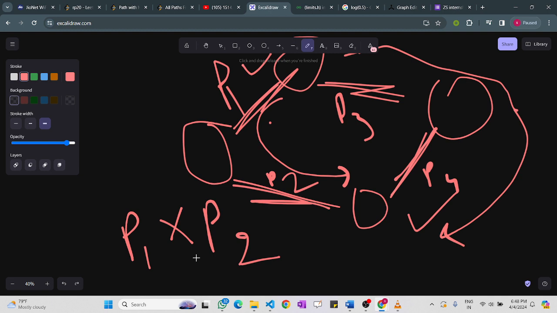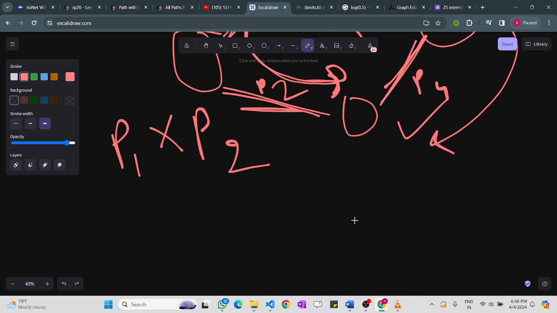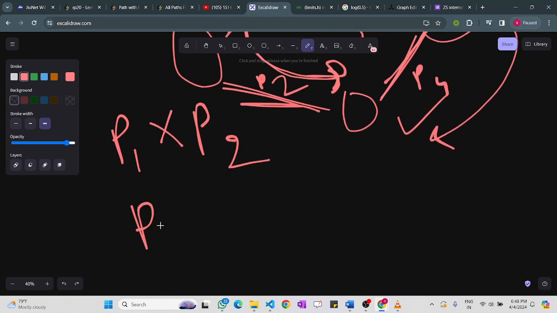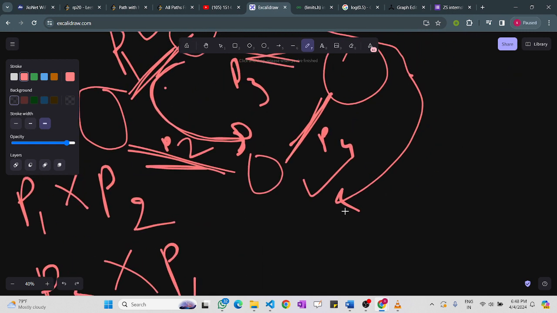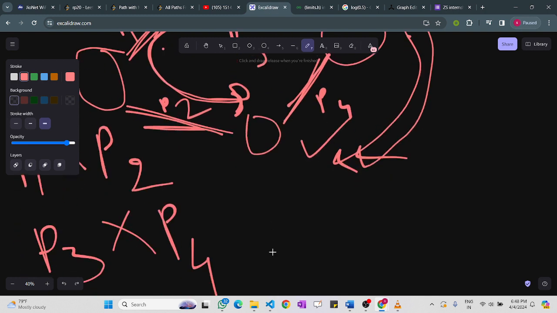After this we'll read the statement, and then you will get what I'm telling. So this is the probability of reaching from source to destination if you follow this path. And P3 and P4 give the probability of the other path. If you follow this path, the probability is P3 into P4.